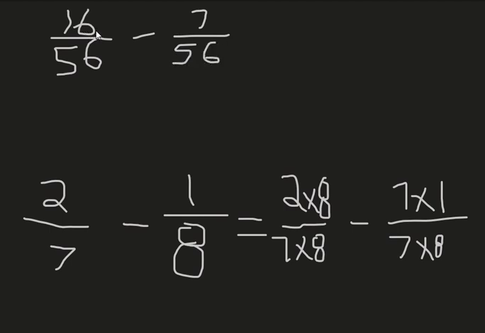And then you just need to do 16 minus 7, which will be 9. Then it turns into 9 over 56. So this is how you subtract fractions which have the same denominator and which also don't have the same denominator. As you can see, this is pretty easy.